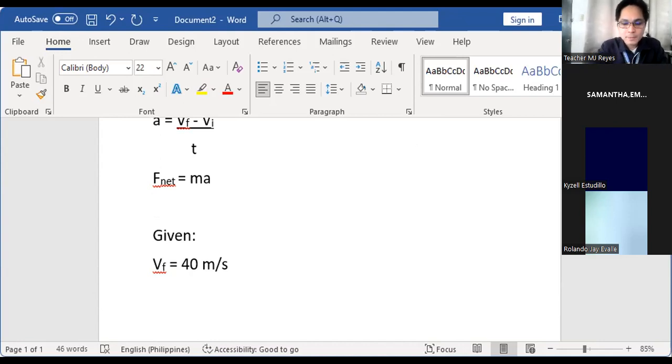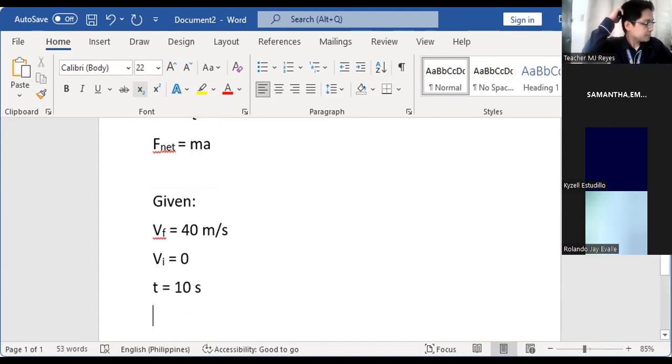Initial velocity is 0. What else? Time, T, is 10 seconds. What else?